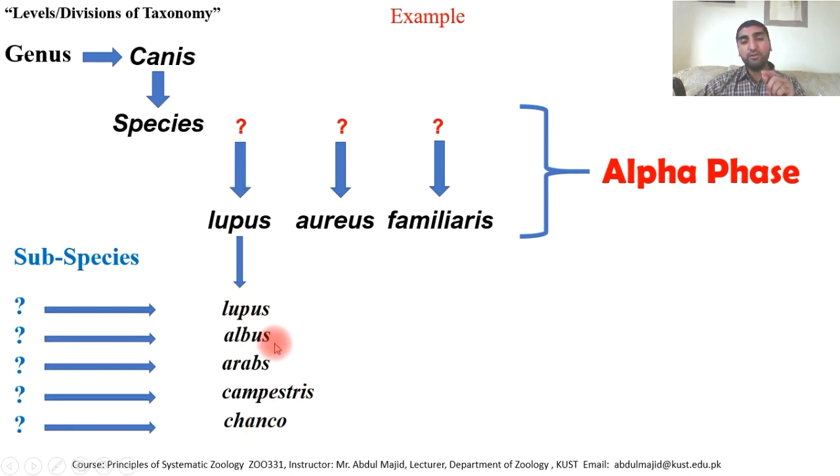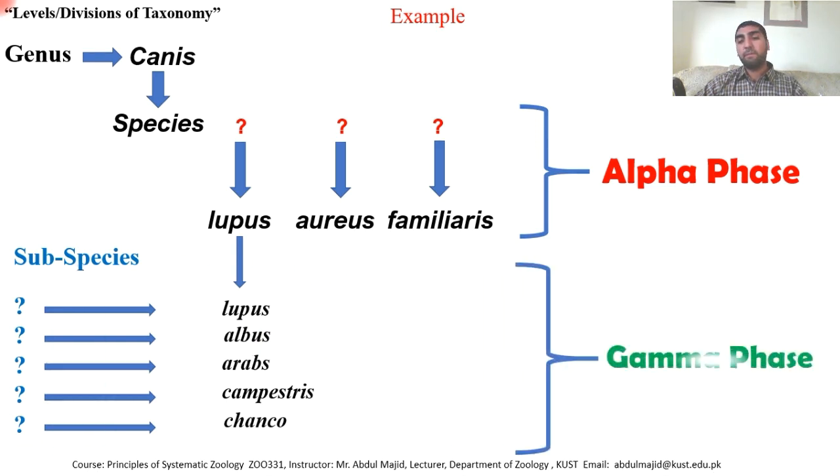When you study at the subspecies level, this is known as gamma phase or gamma level. I told you that not every group has a gamma phase.